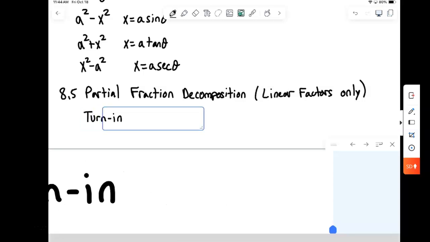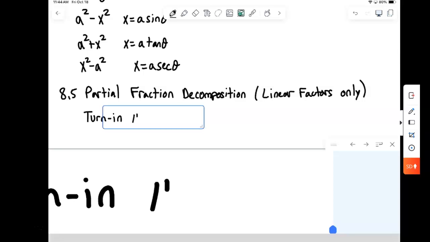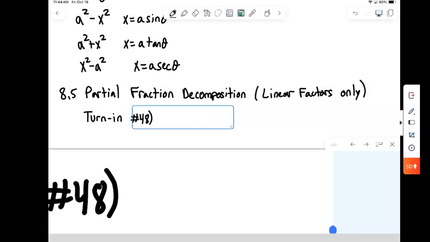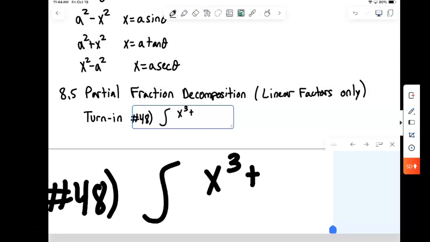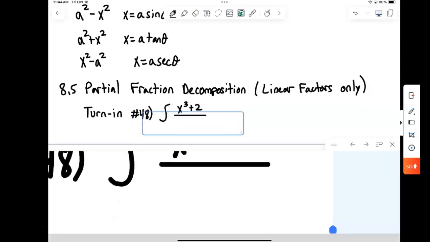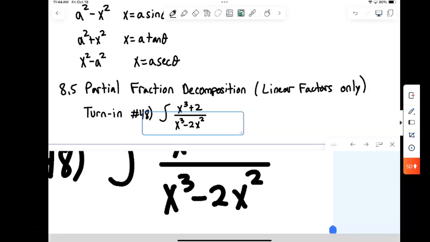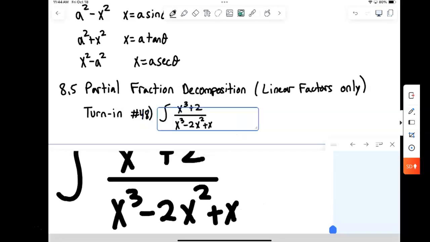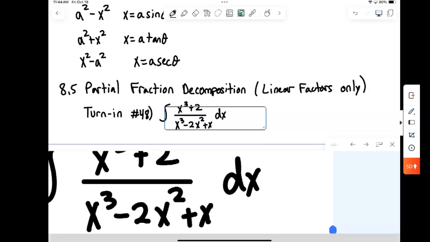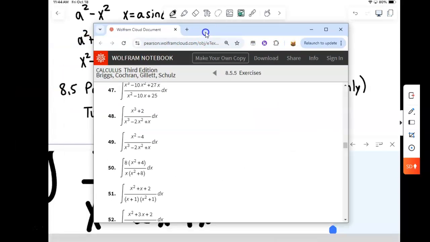And those are problem number 48, which is this here, integral of x cubed plus 2 over x cubed minus 2x squared plus x dx. Problem number 48 from the e-text online. So again, you can get that, but I'm just giving you the problem. So there it is.